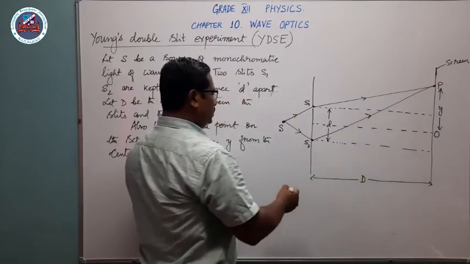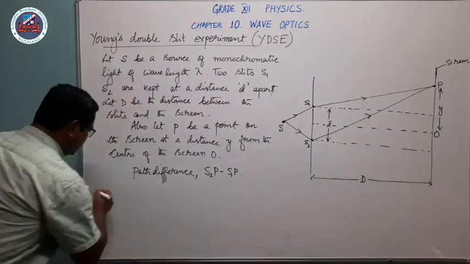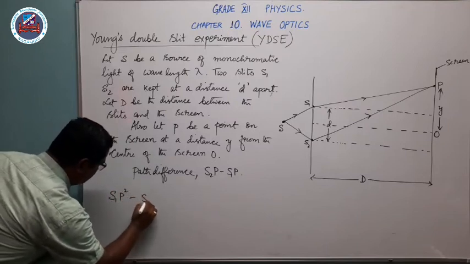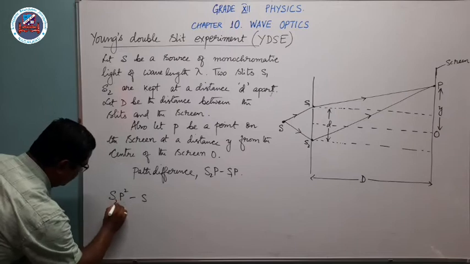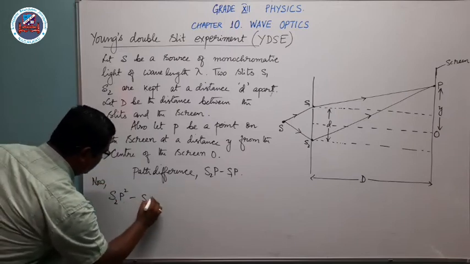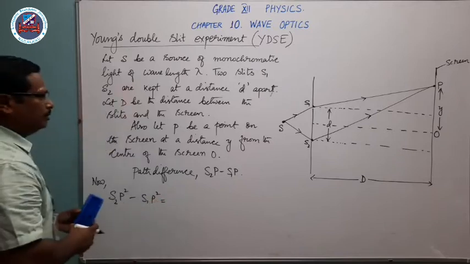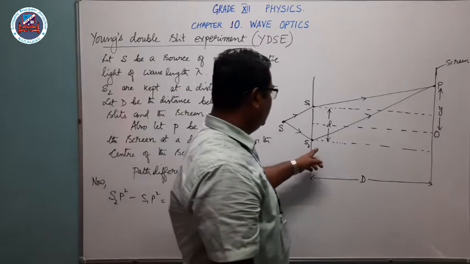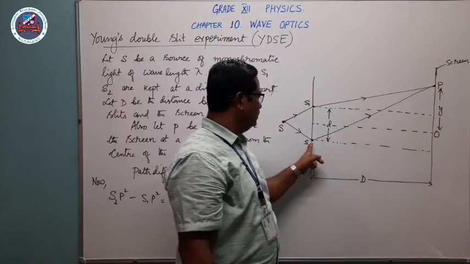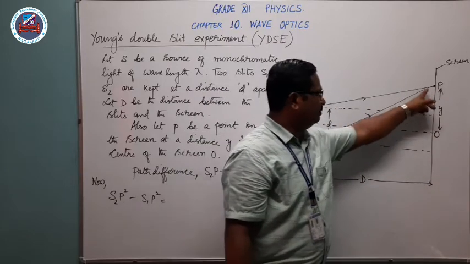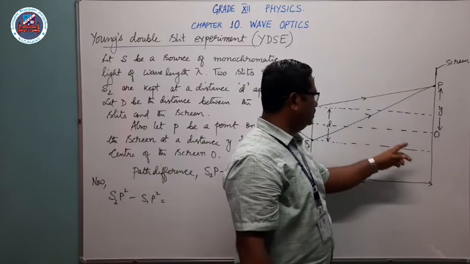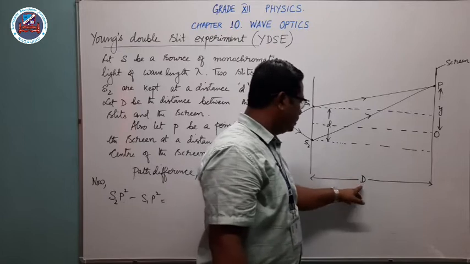At once you can write like this: S2P square minus S1P square. These are hypotenuses of these two right triangles. So when you say S2P square, this hypotenuse square is equal to base square, that is D square.